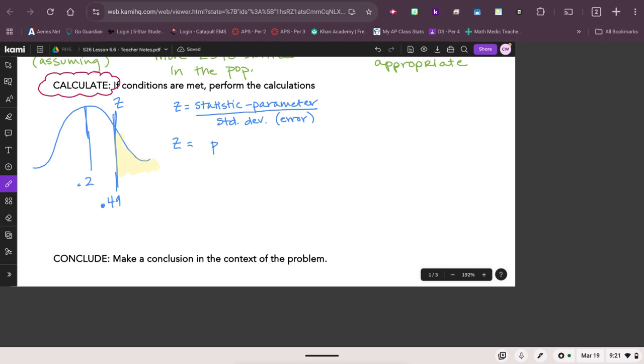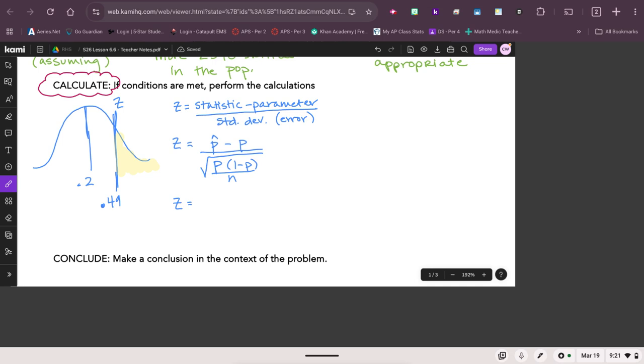So our statistic is going to be p-hat. Our parameter is going to be p. And we are going to, in fact, use the formula for the standard deviation using the population's values. So when I write it in letters, it looks like that.